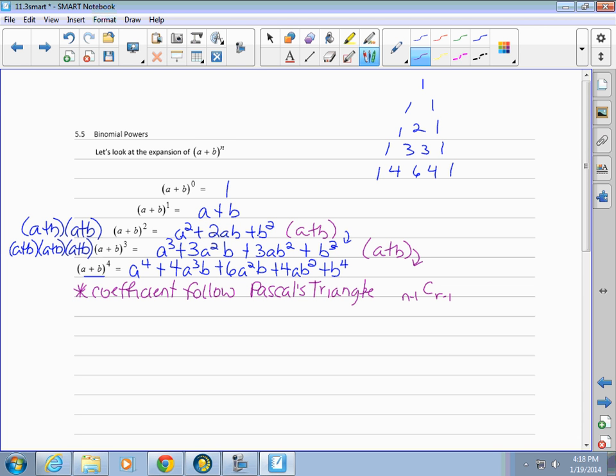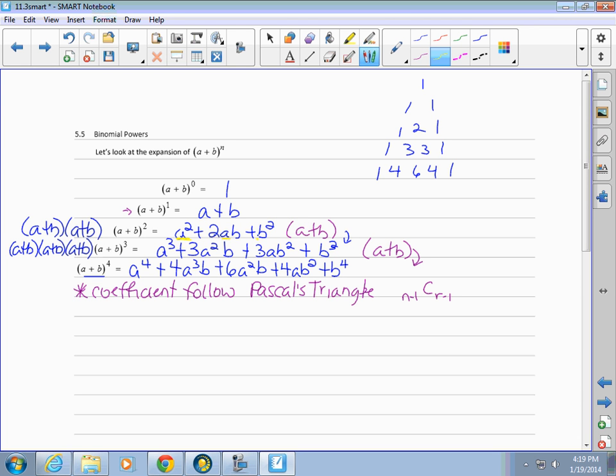What else you might notice here is, in this one, my powers in this row were a 1 and a 1. In the next row, I started with an a squared, and then I went to a to the power of 1, and then basically a to the power of 0.